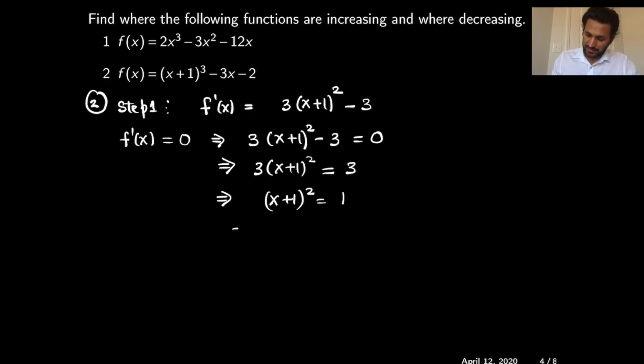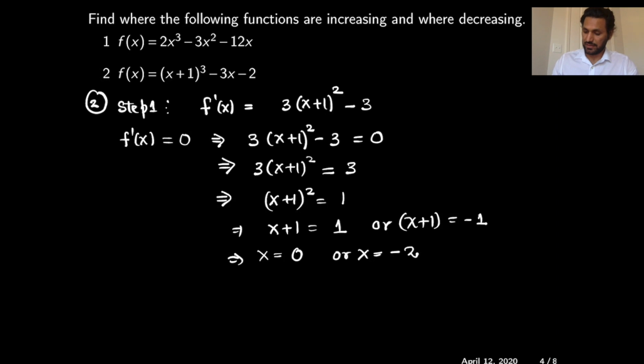So this implies x plus 1 is equal to either 1 or x plus 1 is equal to -1. So this implies x is equal to 0 or x is equal to -2. So these are my two critical values, x is equal to 0 and x is equal to -2.